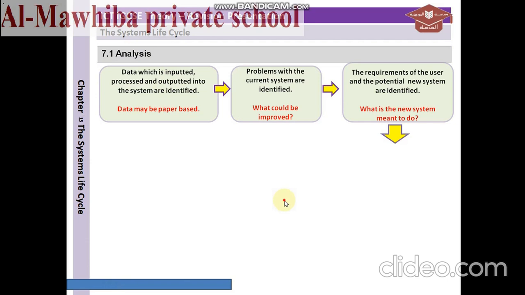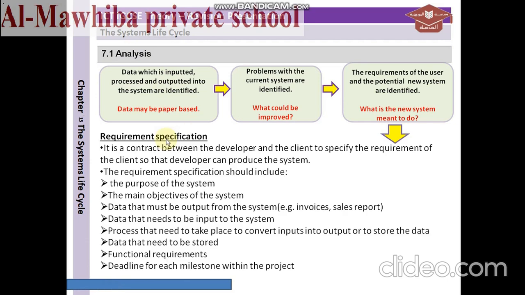We can describe these 3 specifications, the requirement specification, system specification, and design specification, in detail. So we know that the requirement specification is the contract between the developer and the client to specify the requirements of the client, so that the developer can develop a new system.